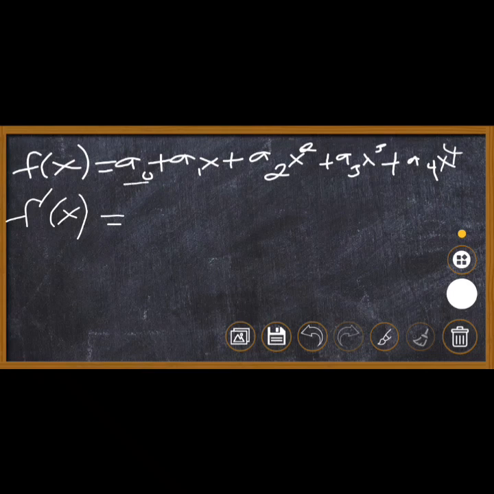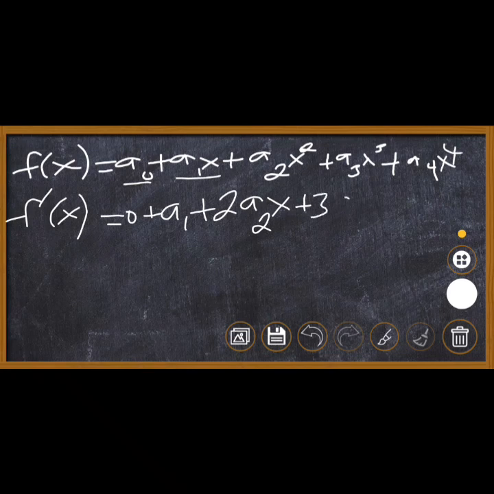So when we differentiate a0, what are we going to have? Of course, we are just going to have 0 plus, what's the derivative of a1 x? It's just a1. Differentiating a2 x squared, according to the power rule, the power 2 will drop down, and then we are going to have 2 a2 then x here. Same applies to this one. The power here will drop down.